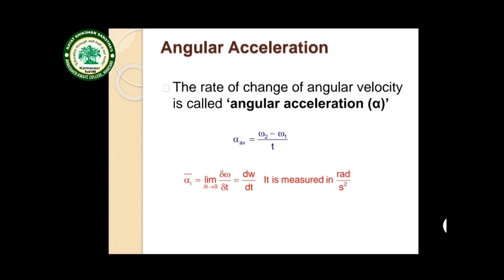Here, the angular acceleration is known as rotational acceleration. It is a quantitative expression for the change in angular velocity per unit time. The magnitude of the acceleration vector is directly proportional to the rate of change of angular velocity.